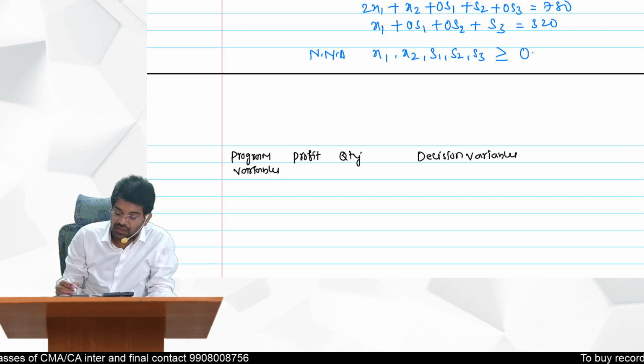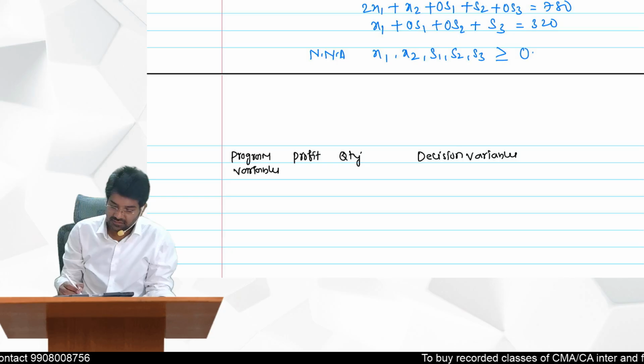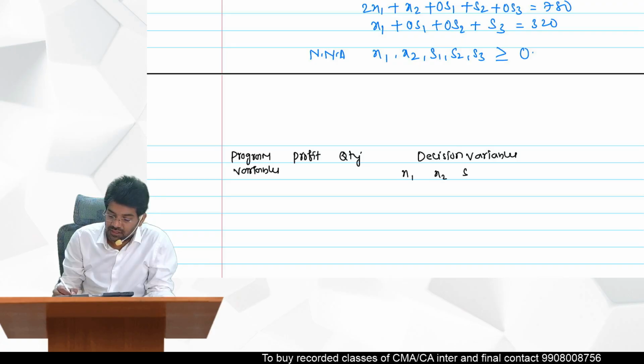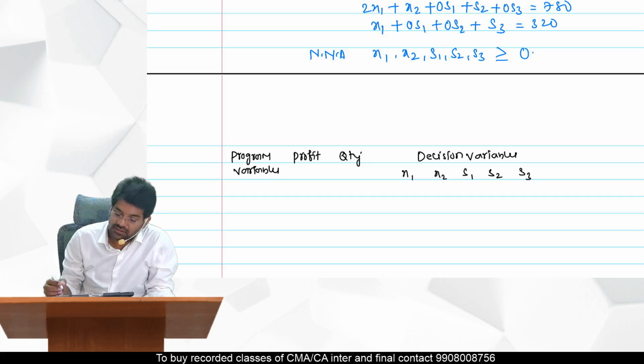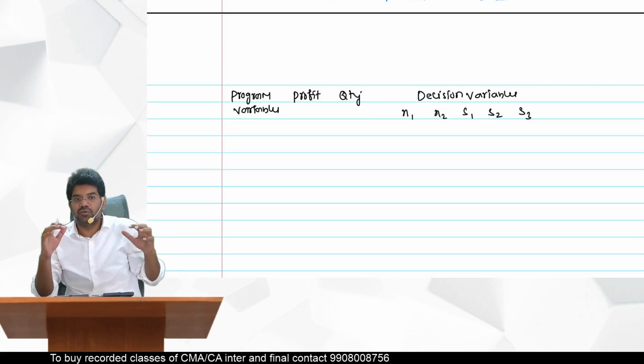What are the decision variables we have? How many variables do we have? Now 5, along with slack: X1, X2, S1, S2, S3. First, this is very important.